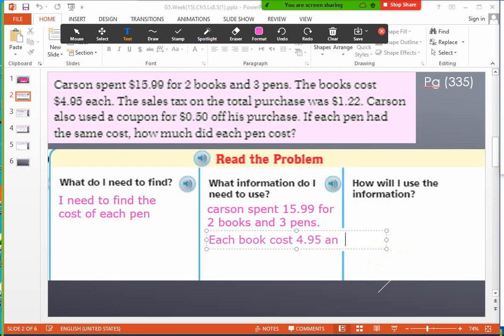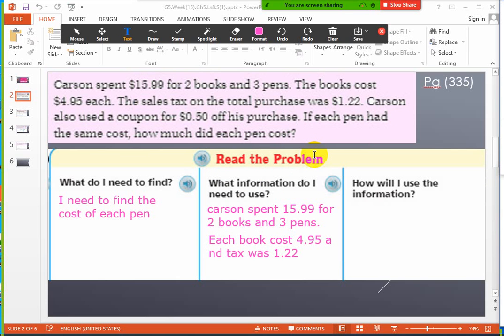I have a tax, and the tax was 1.22. I'm sorry, I said 1.99, I know. It's 1.22, and I have a coupon.